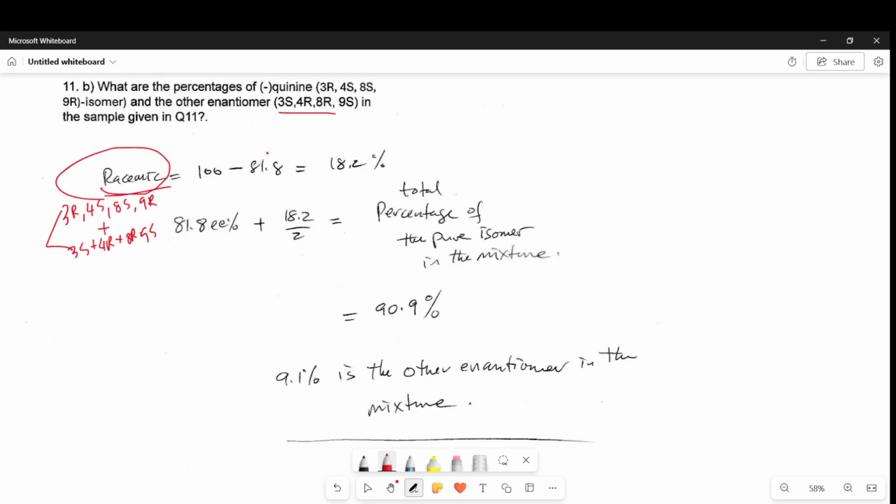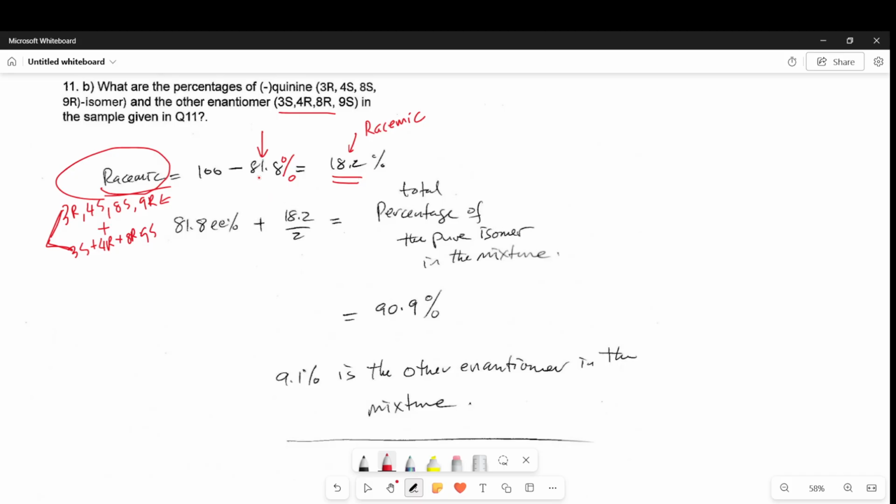But we already know the enantiomeric excess of the desired one is 81.8%, right? So in the racemic, meaning that both exist as a mixture, 18.2% is racemic, meaning that they are both the desired and the undesired as a racemic.